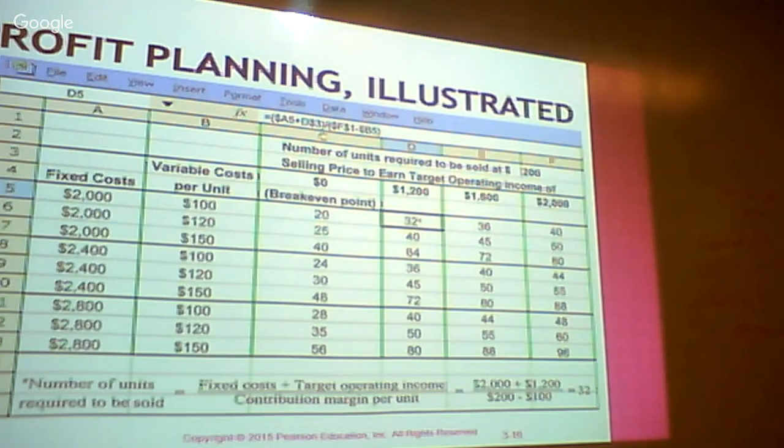Now, how do I figure this out? What's my contribution margin per unit? I'm selling these units at $200 apiece. The first one has $100 in variable cost, so the first thing you have to do is determine your contribution margin.